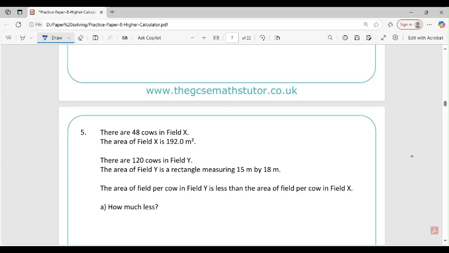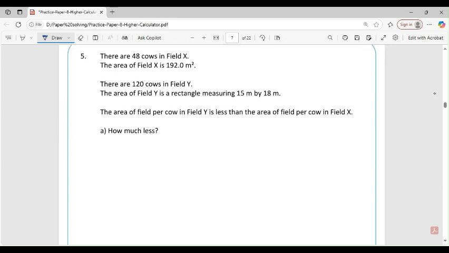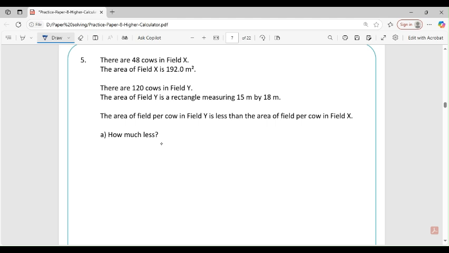It says there are 48 cows in the field X. There are two fields, field X and field Y. For that purpose, I will write field X over here and field Y over here. Now this is 192, which has to be divided by 48.